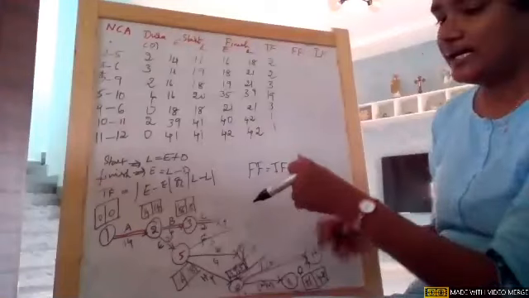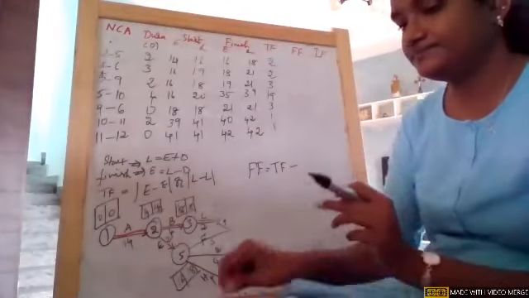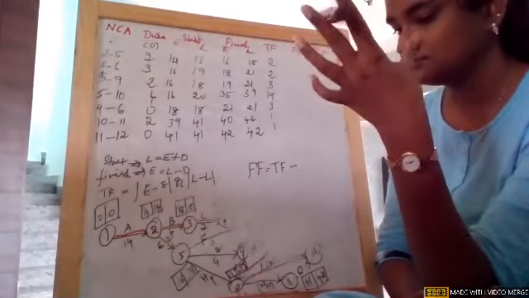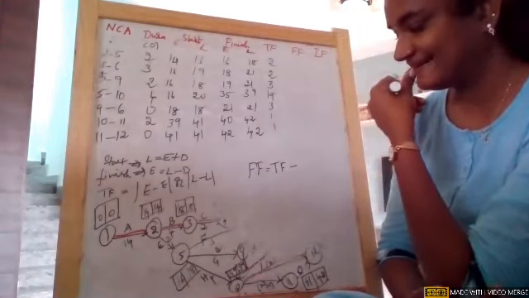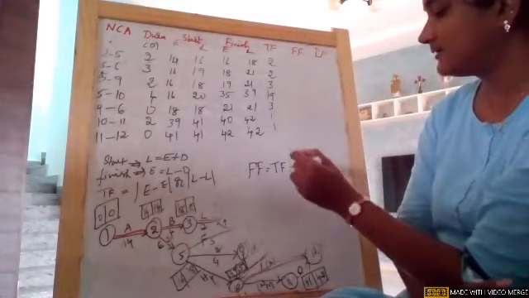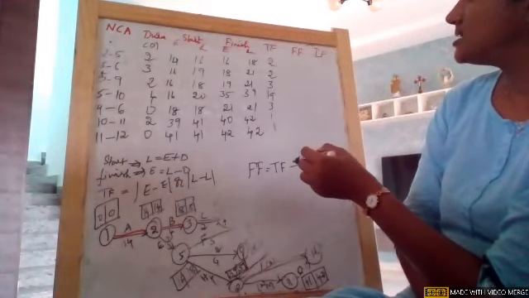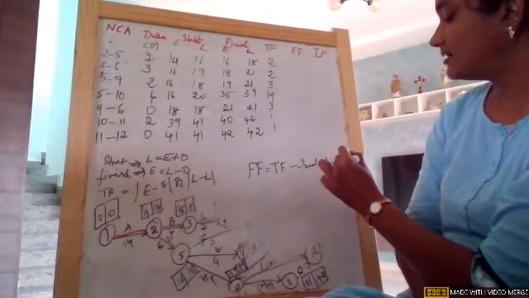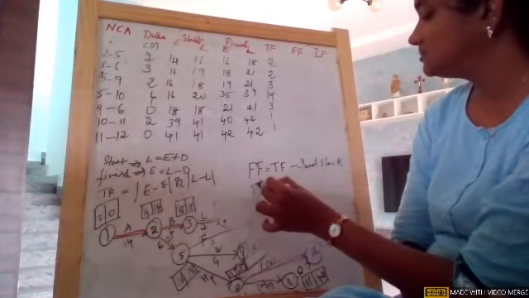Yeah, I erased this network again. Okay, whatever I have, I will see. Free float is total float minus head slack, girls. Sorry, I erased the network in a flow.